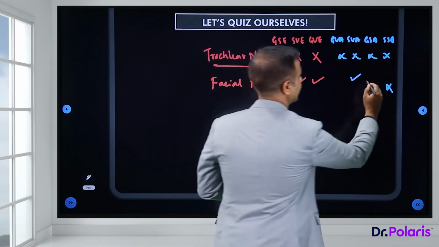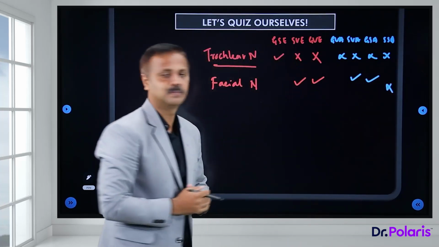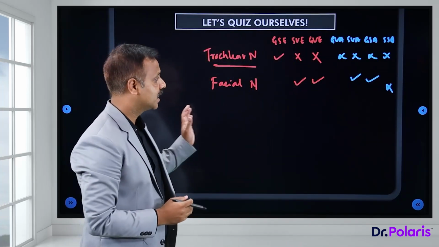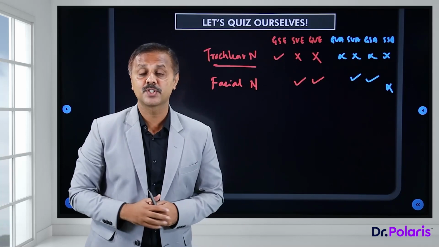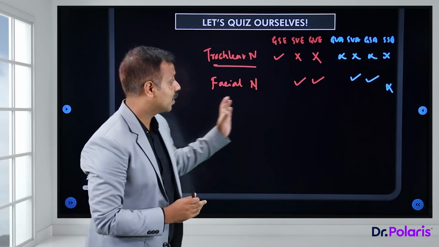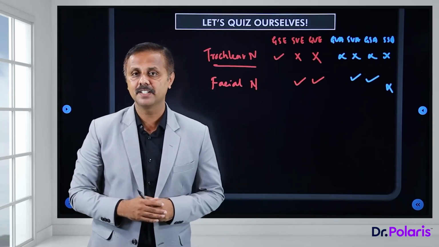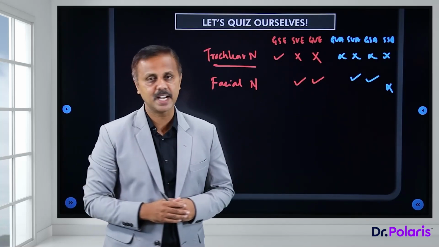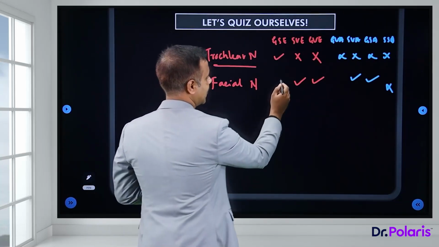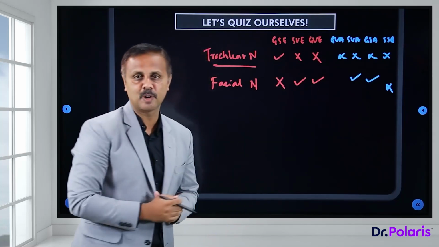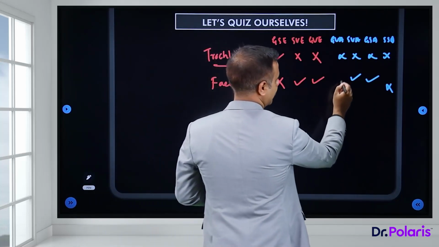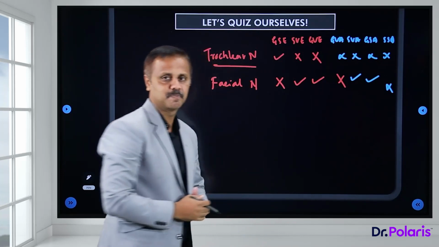So it should have a general somatic afferent column. Right? So what are the columns that are not present? The general somatic efferent component and also general visceral afferent component.